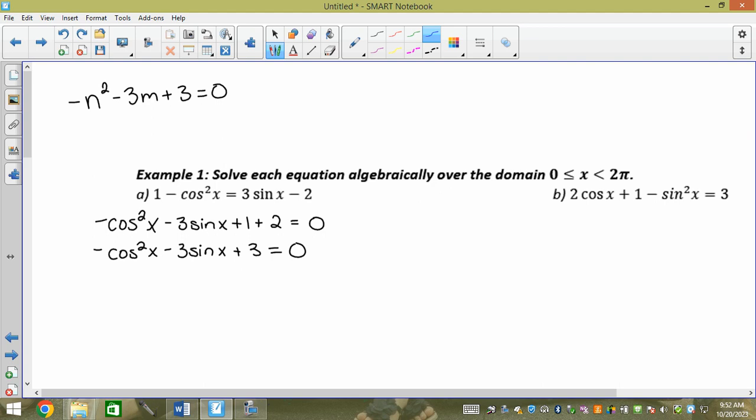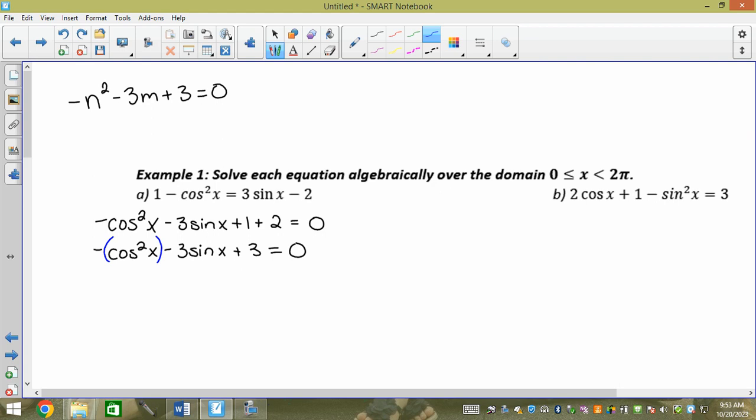Or has it always had to have been m squared, m, number? Correct? It's always had to be m squared, m, and number. So what do I need to change? Well, I need to change that cos squared to a what? Sine squared. If I can change that cos squared to a sine squared, then I have sine squareds, and life is good. I can just factor it, correct?